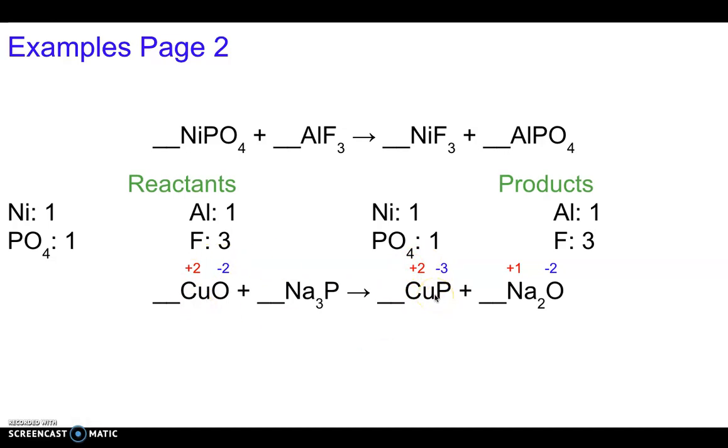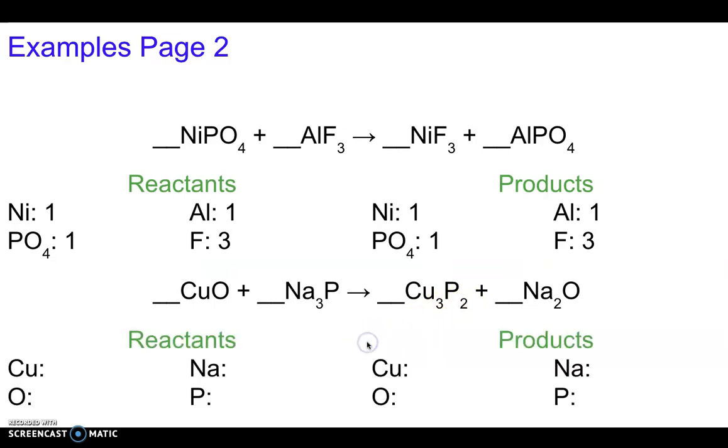Okay, so now we just need to figure out how many atoms of each we're going to need to balance it. Well, 3 coppers would have a +6 charge, 2 phosphides would have a -6 charge. So we're going to add a 3 next to the copper and a 2 next to the phosphide. Okay, now let's balance the number of atoms.